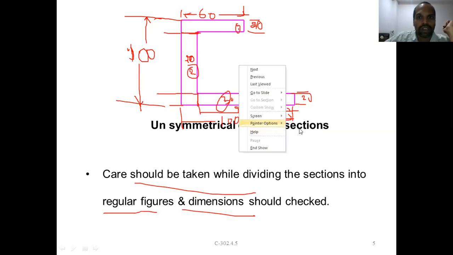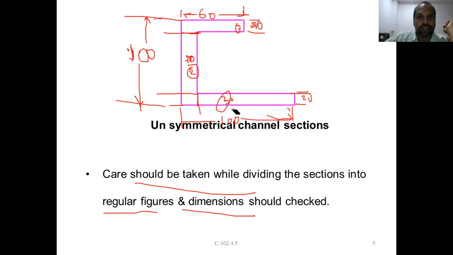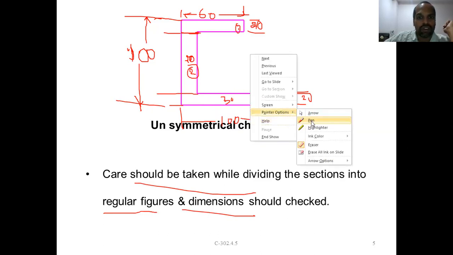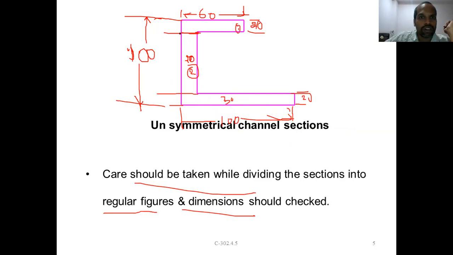This will have no change, but the web will be changed, so you have to recalculate. In this case, it is 100 minus 20 here, 20 here, 40, so it is totally 60. The size is 60 by 20, 20 by 60. That's what it is saying: dimensions should be checked and recalculated if required.